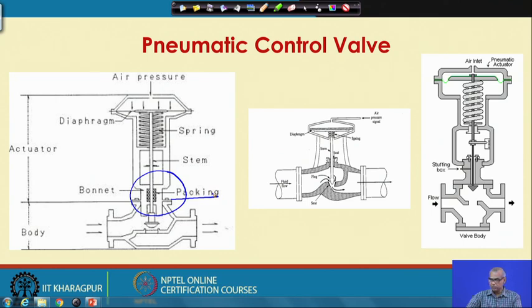The packing or the stuffing box is basically a reliable seal between the bonnet and the valve stem. This packing or seal does not allow any leakage of fluid. We will make reference to this packing later in today's discussion.